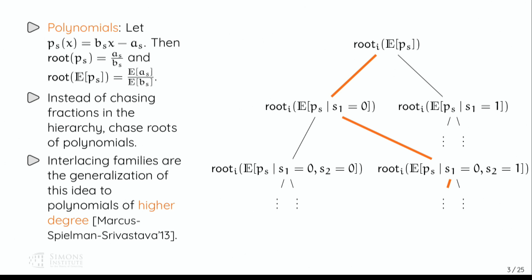That's pretty much the only thing you need. As long as the polynomials at all of the nodes of this tree are real rooted, and convex combinations of siblings are also real rooted, then there always exists a leaf whose roots are bounded by the roots at the top.